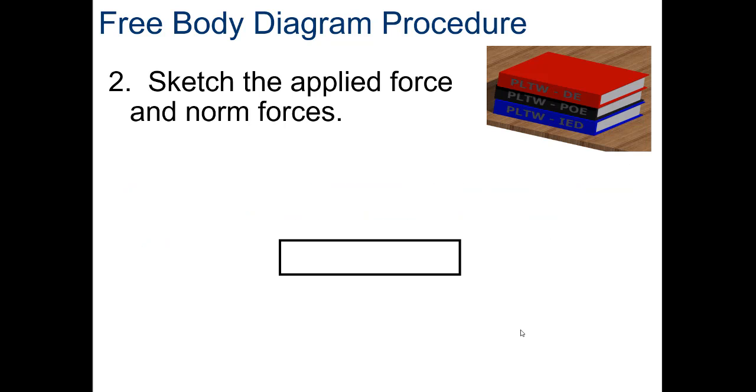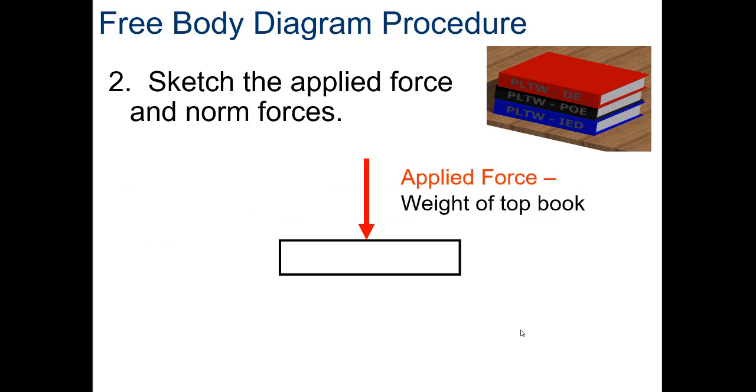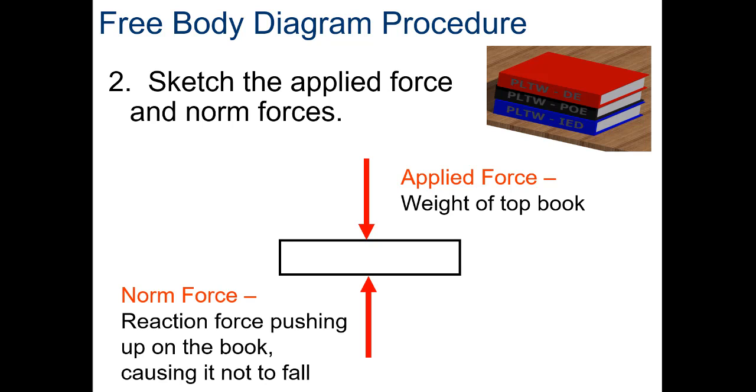So here we see sketch the applied force and normal forces. Applied force, weight of the top book, and normal force. Now, I replaced the words applied force with weight of the top book, with what? With gravity, right? What is the force of gravity?